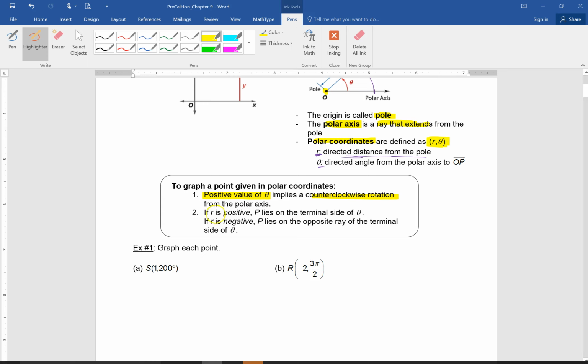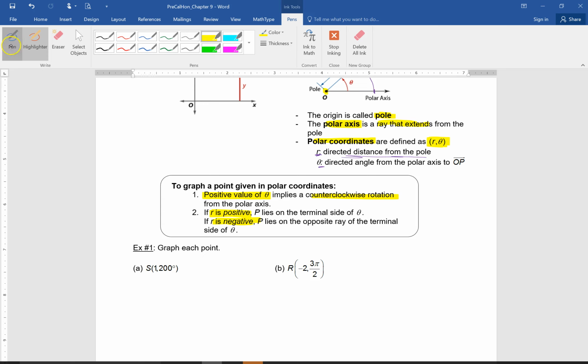Now, what about r? That takes care of theta. What about r? If r is positive, then P is on the terminal side. So you draw the angle, and on the terminal side you have your P. But if r is negative, then you have to go from the terminal side, you have to go on the opposite ray.